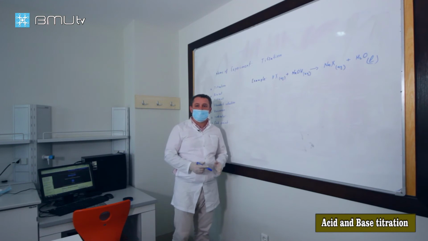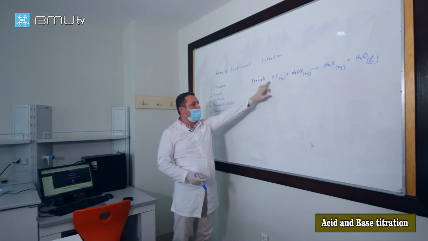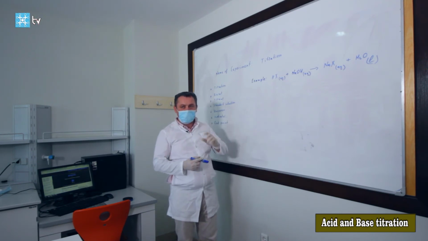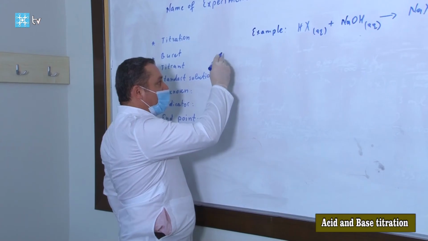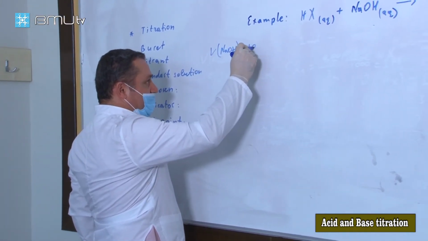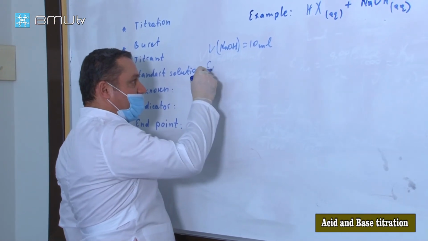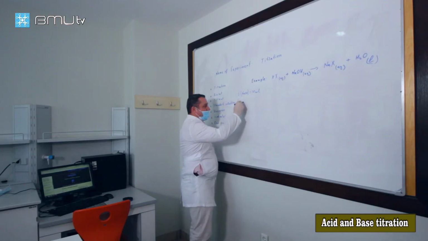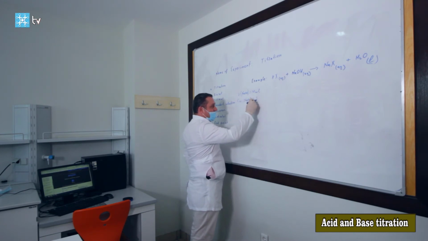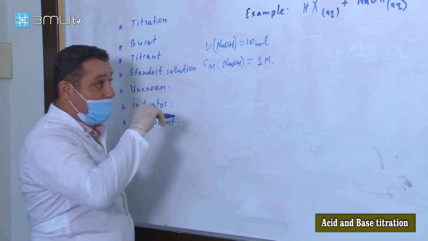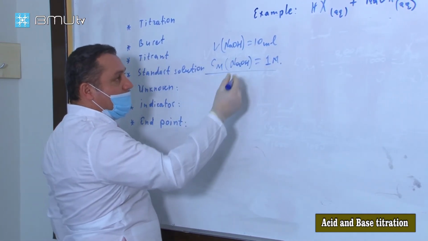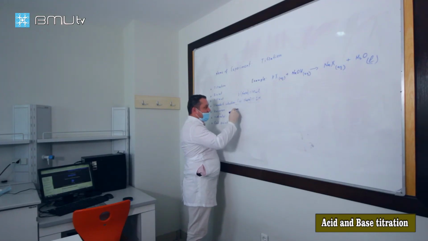Now, let's calculate our unknown acid concentration. From the experiment details, we obtained that the volume of our sodium hydroxide titrant equals 10 milliliters, and the concentration, which our instructor told us, of the sodium hydroxide standard solution equals 1 molarity. Also, let's calculate the moles of sodium hydroxide.